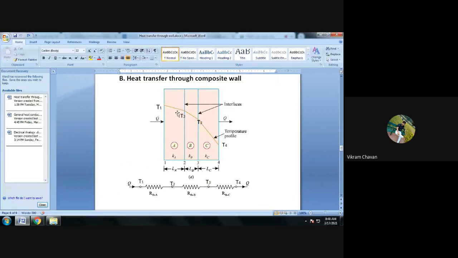Now for slab A, the initial temperature is T1 and the final temperature is T2, and heat is flowing from this surface to this surface.